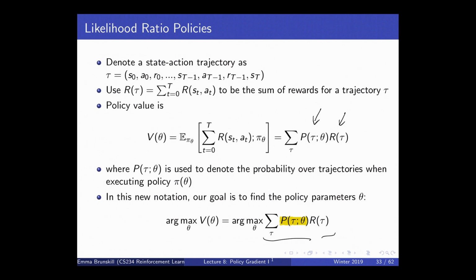This is a little bit similar to what we talked about for imitation learning before, where we talked a lot about distributions of states and actions, and trying to find a policy that would match the same state-action distribution as what was demonstrated by an expert. Today, we're not going to talk as much about state-action distributions, but we are talking about distributions of trajectories that we could encounter under a particular policy.